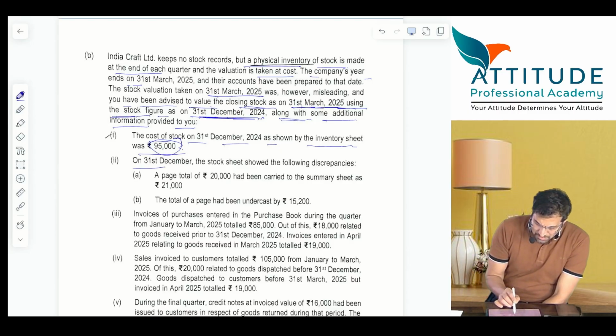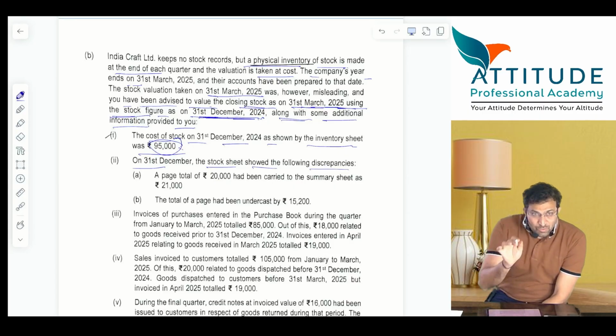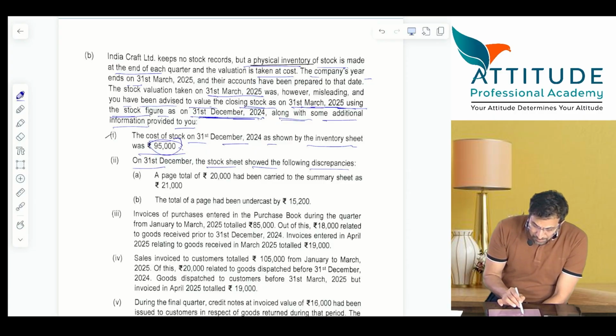On 31st December, the stock sheet showed the following discrepancies. Means this stock sheet of 31st December itself is wrong, so this 95,000 is wrong. The page total of 20,000 has been carried to the summary sheets as 21,000.